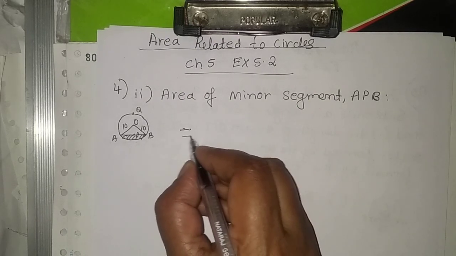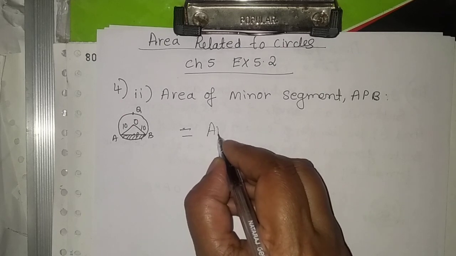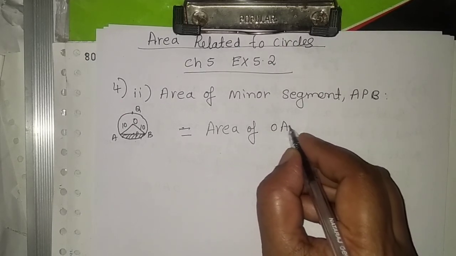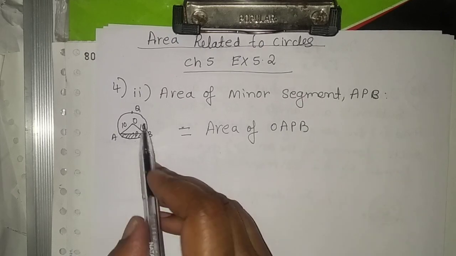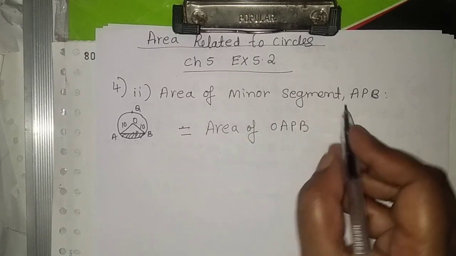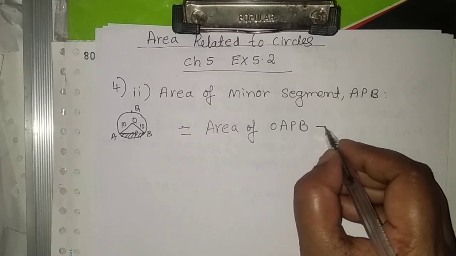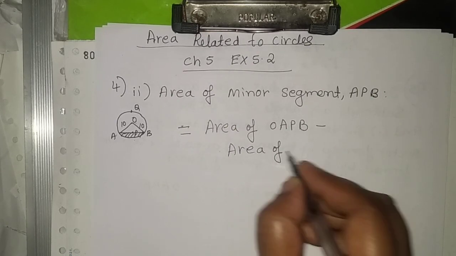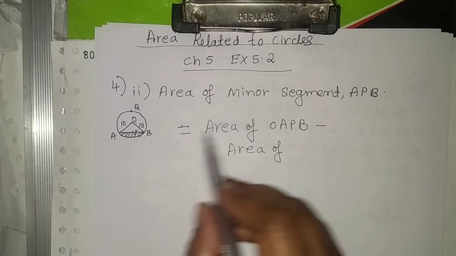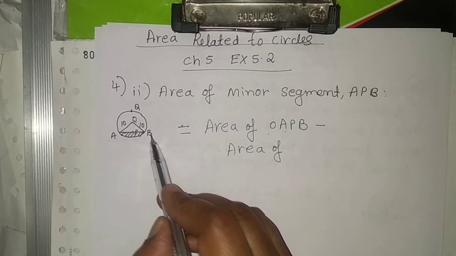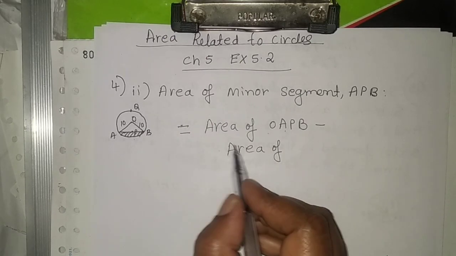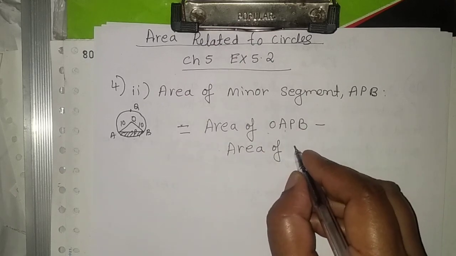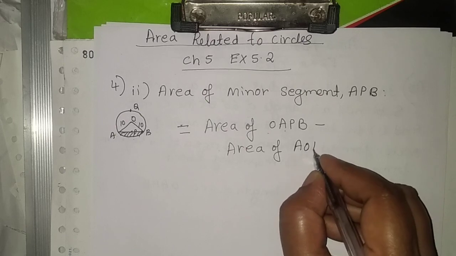So now the equation we have to write is area of OAPB minus area of triangle OAB.